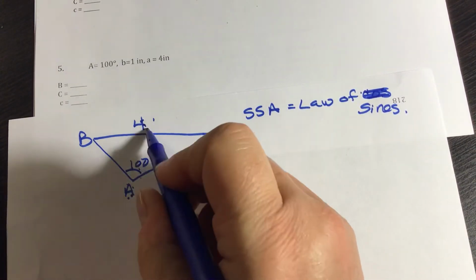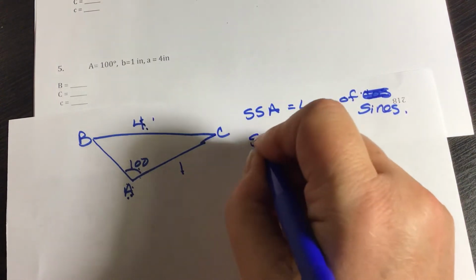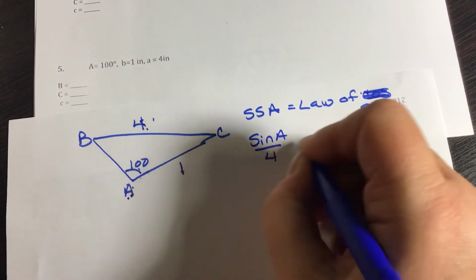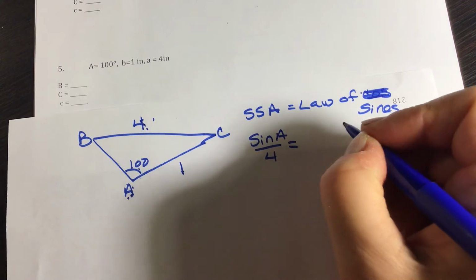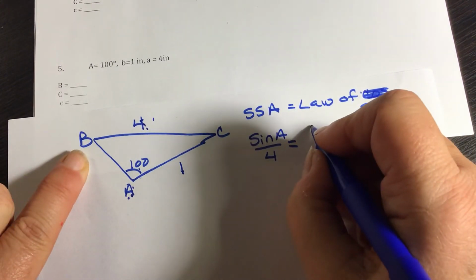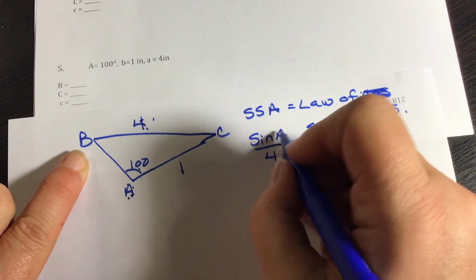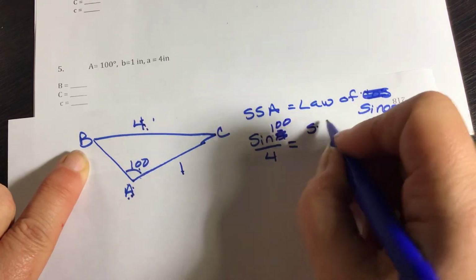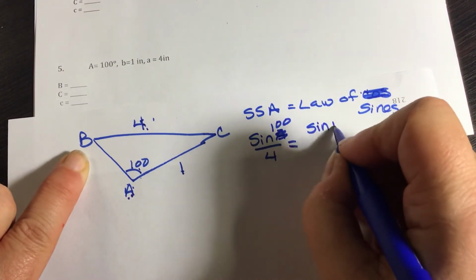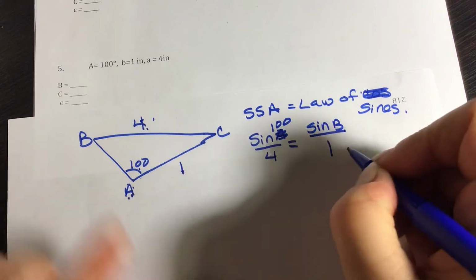I have sine A over 4 equals, let's do B, and A is 100. So then I have sine B over 1.